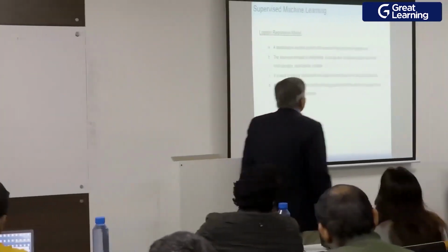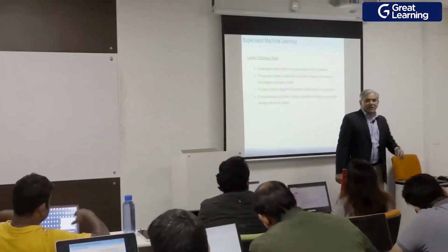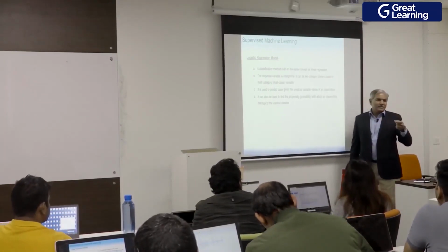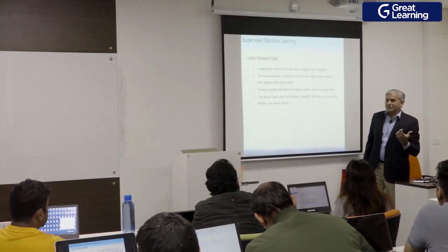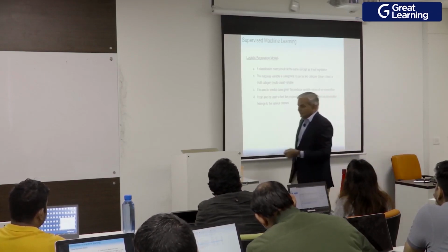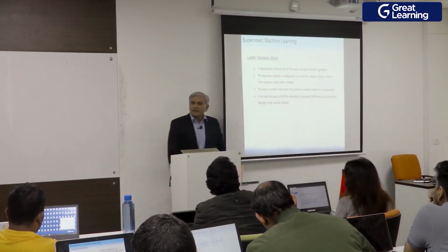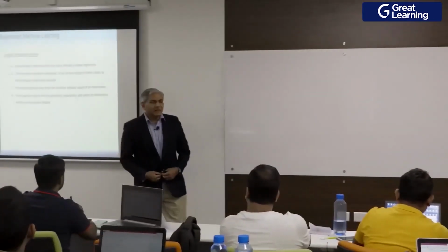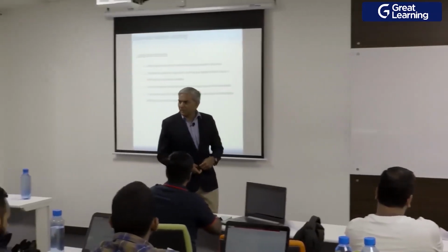The response variable, that is the target variable, can be binary class, defaulter, non-defaulter, diabetic, non-diabetic, or it can be multi-class classification also. I can use logistic regression for optical character recognition. I can do that. And in my personal experience, I have seen and I have also read some papers about it.